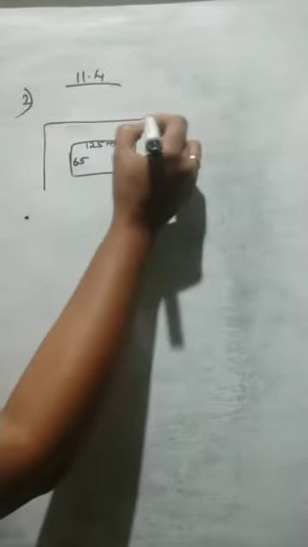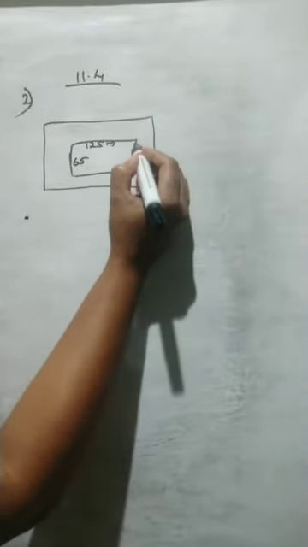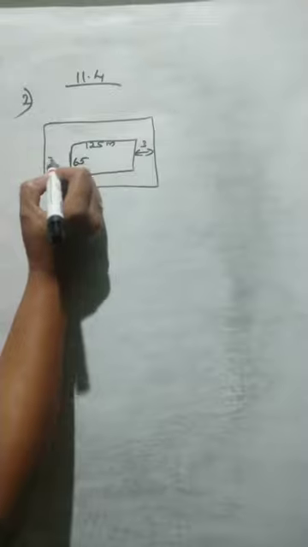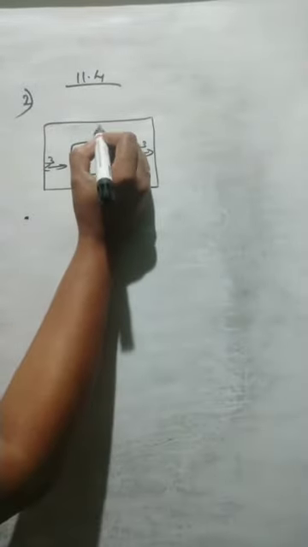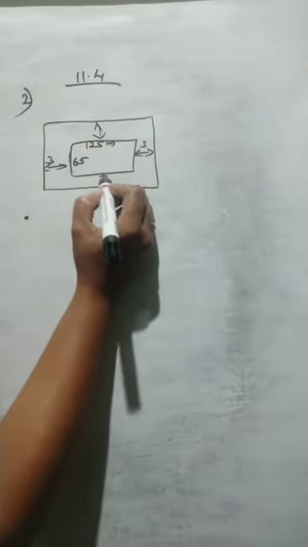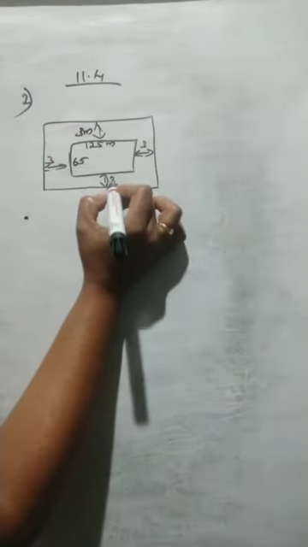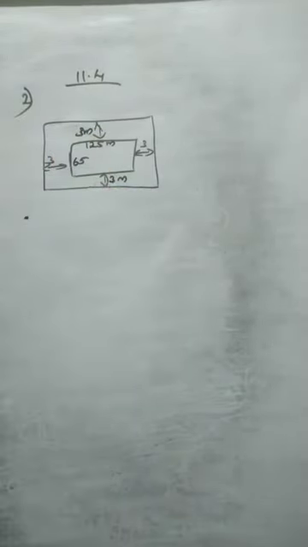Then here also one path is there with a 3 meter distance from here to here 3 meter. Then this also 3 meter. Then top and down. Okay, everywhere. That is 4 sides 3 meter, 3 meter, 3 meter.